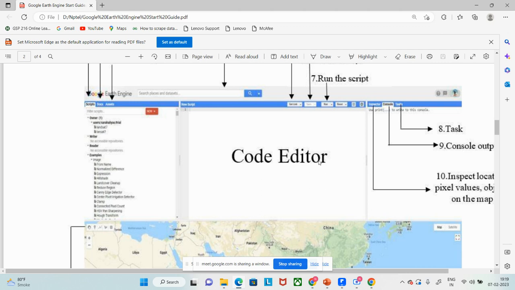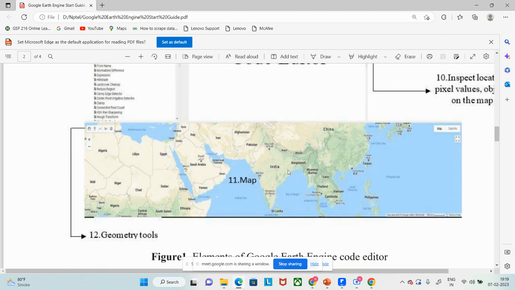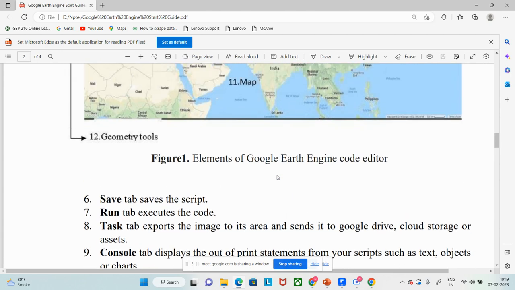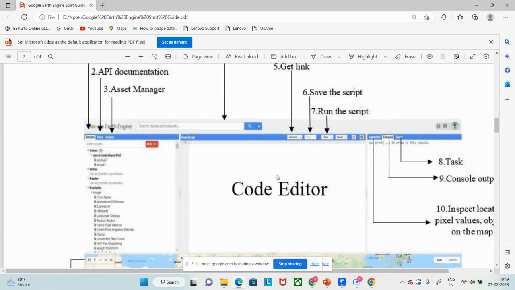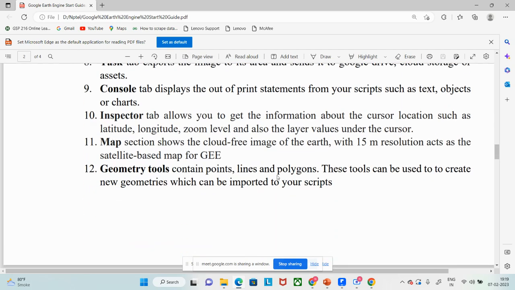And here there are geometry tools with which you can make shapefiles and give them as input for processing the image. So all this we will learn slowly.